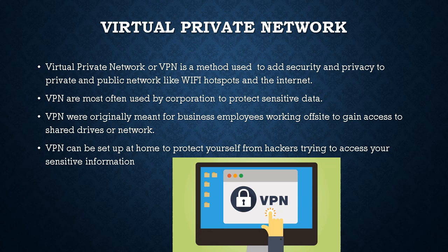If you want to share one of your photos with your friend, and you're using a normal website to share the data, attackers can hack your photos. But if you're using a virtual private network, attackers cannot hack you or attack you.